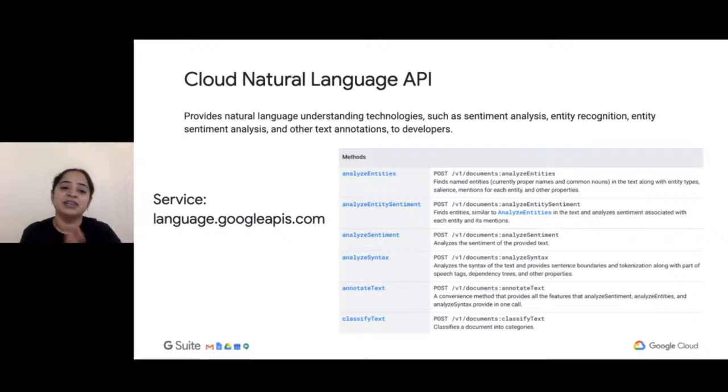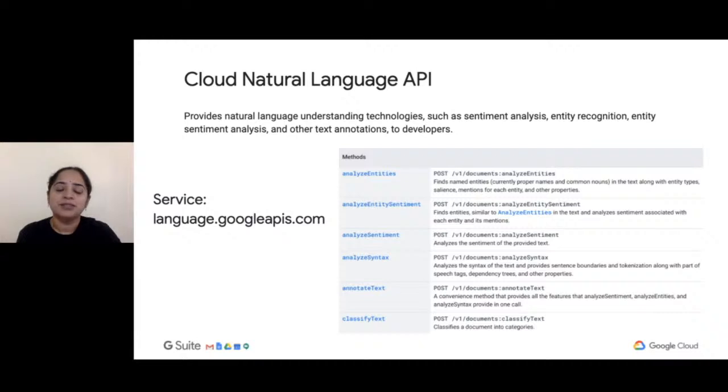The service used to access the natural language API is language.googleapis.com. We'll also look at how we incorporate this URL in the code when we do the Apps Script. Then let's understand the methods in which the natural language API can analyze the text.